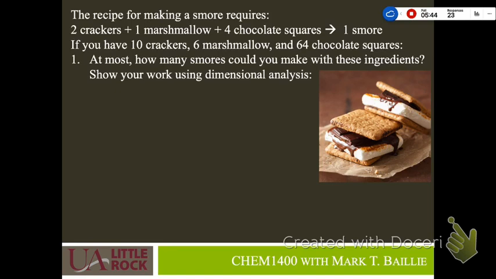I want you to go ahead and try to figure out, with the amount that we have, what's the most number of s'mores we could possibly make with all those ingredients. And if you notice, it says, show your work using dimensional analysis. So if you figure out the answer with logic first, that's fine. Show how to back it up with dimensional analysis.